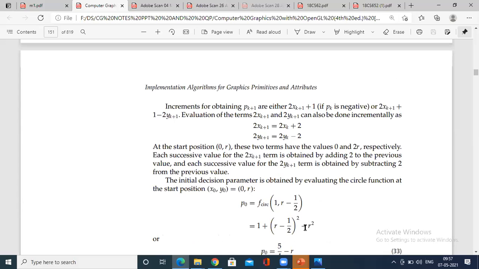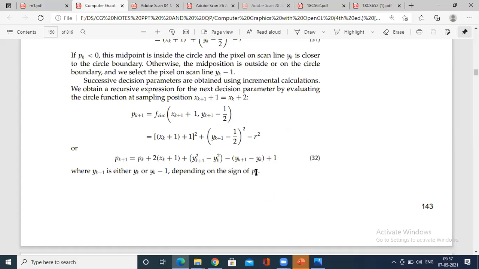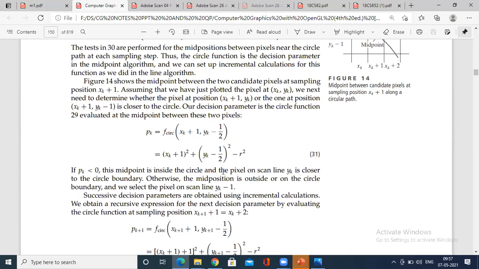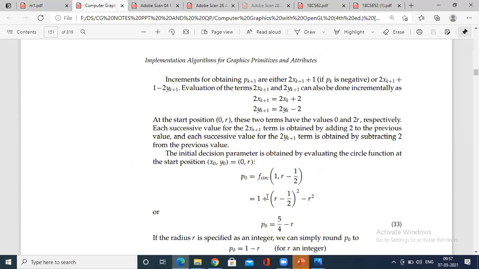Okay, so same thing you have applied over here. You have P0, here you have applied xk plus 1, yk minus half, the whole square. xk plus 1 is 0 plus 1, 1.